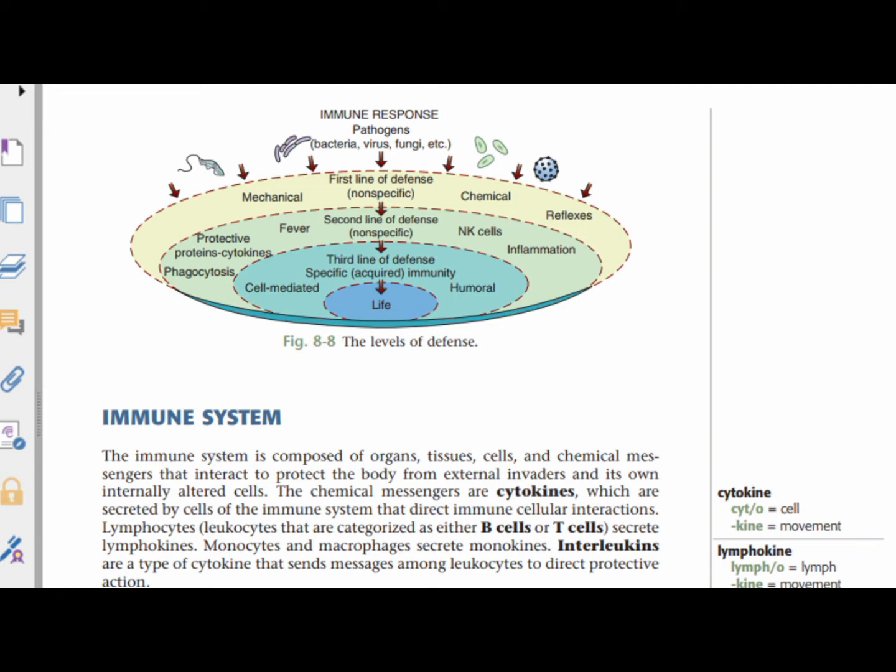Although the soldier may die, at the same time there is a lot of collateral damage, which includes civilians and properties. So that is non-specific. Whereas specific immunity targets only the pathogens. These are snipers. They act very specifically, they are the silent killers.